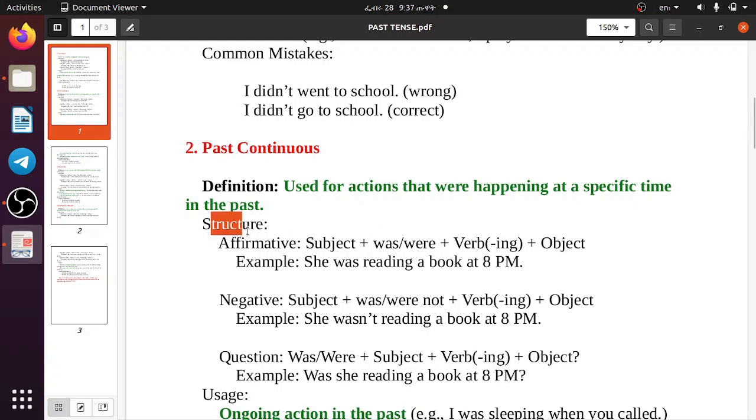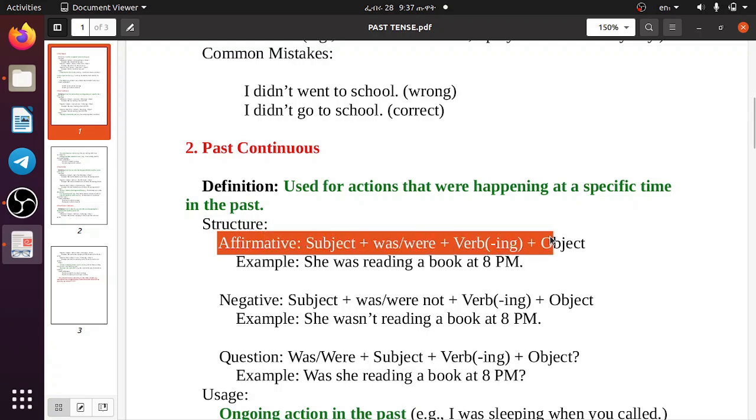When we see their structure, in affirmative sentence, we use this structure: subject plus was or were plus verb ing plus object. We use was or were as past indicator.